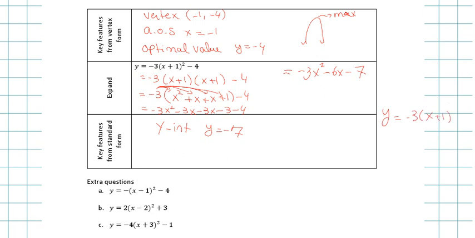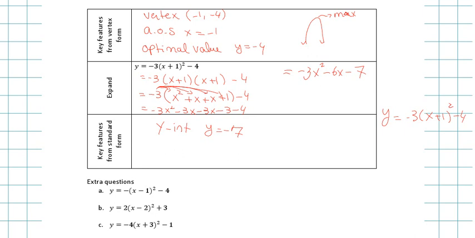Or you can plug 0 for x and find it. That's another way. But we'll talk about this more when we get to the word problems.